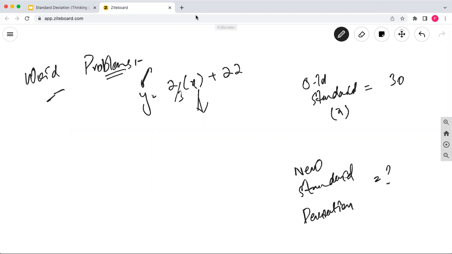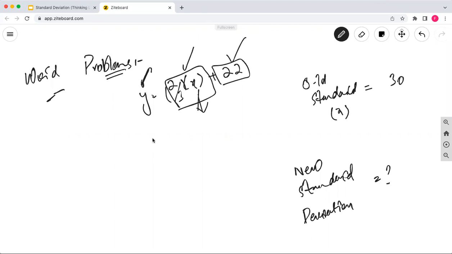I told you some properties for standard deviation earlier, that if you multiply or divide, the standard deviation will change. But if you add or subtract, there is no effect on standard deviation. Likewise, in this scenario, this thing is multiplied with the old deviation, but this thing is added. There will be no effect of 22 on the actual standard deviation.